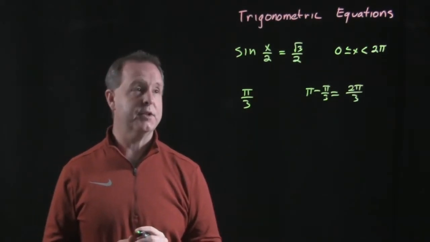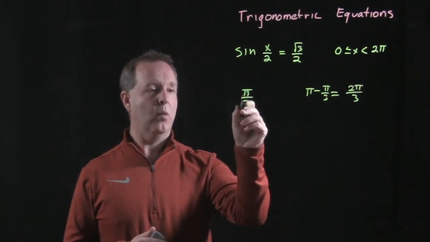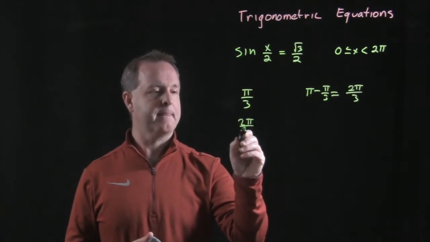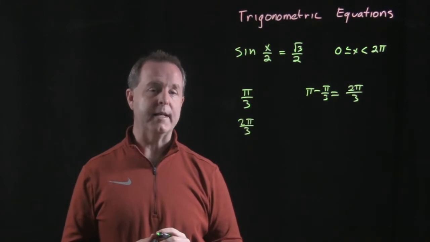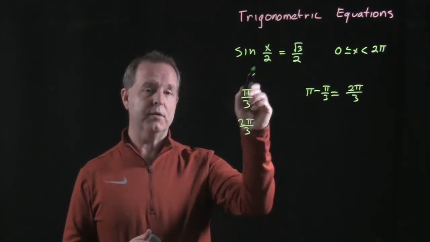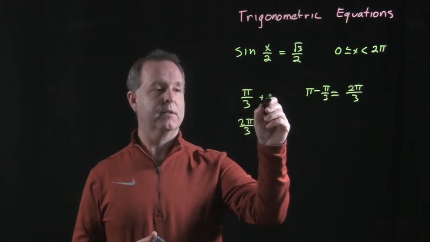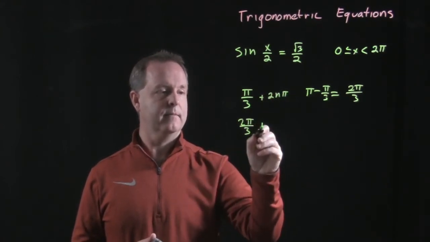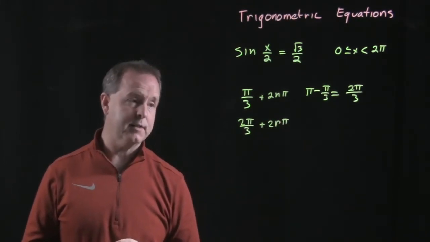So I have two positions where my sine value equals square root of 3 over 2. One's at pi thirds, and the other one's at 2 pi thirds. From there, we know that I have another solution every multiple of 2 pi past that, so plus 2n pi.